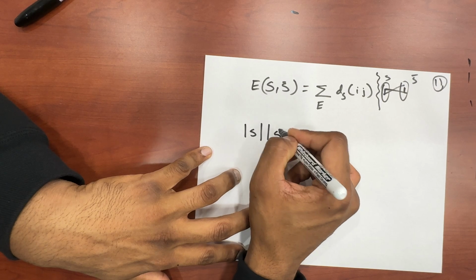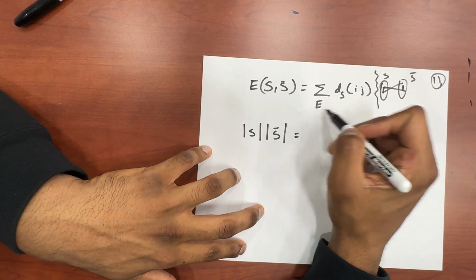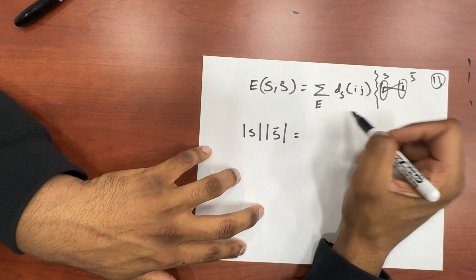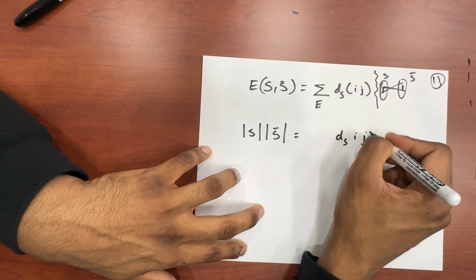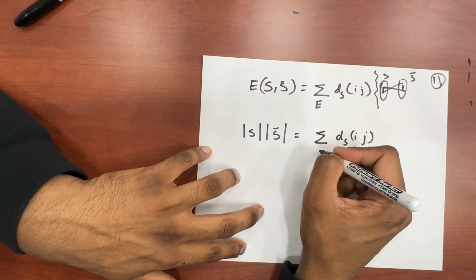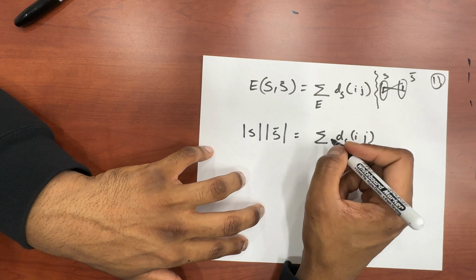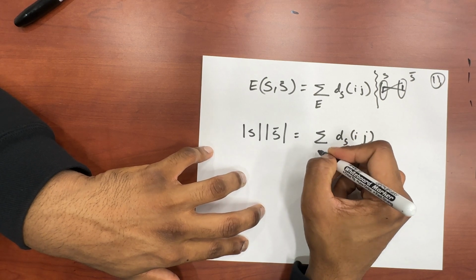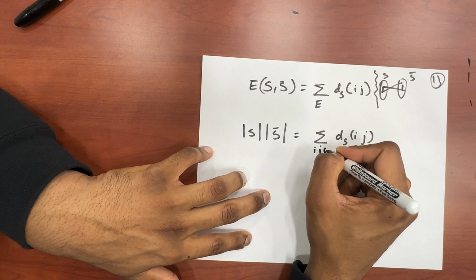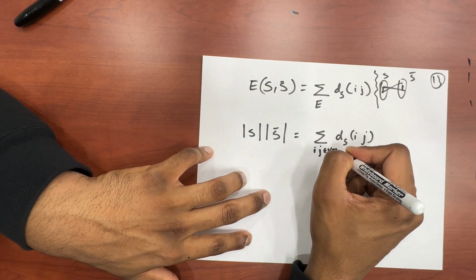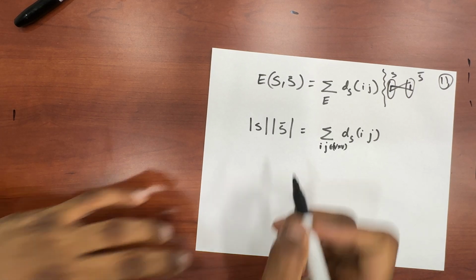How about this quantity then? If I had to express it in this particular fashion, let me write it as some sum over ij. But a sum over what? If I take a sum over all pairs i, j in V cross V, vertices cross vertices, is this equal to this?